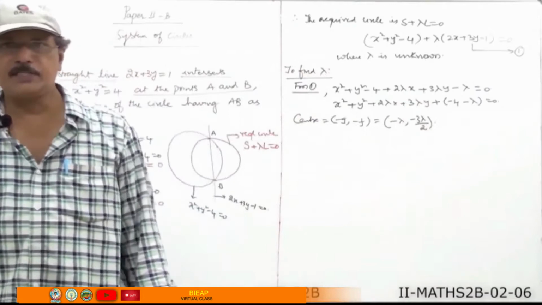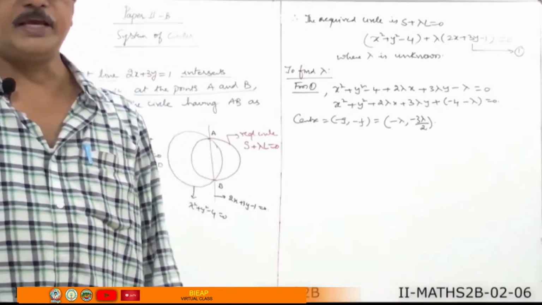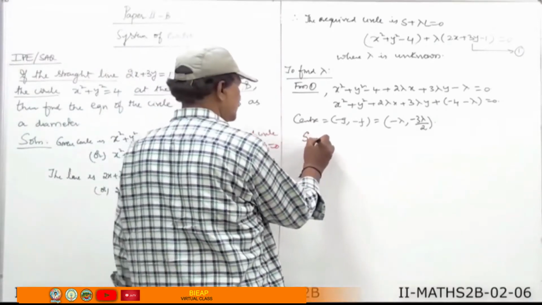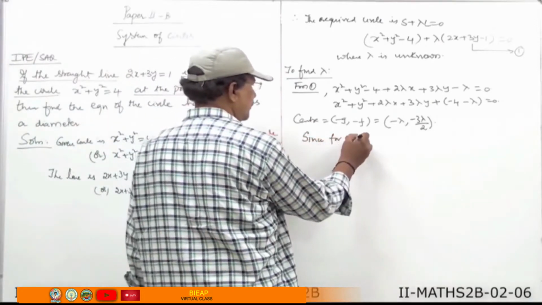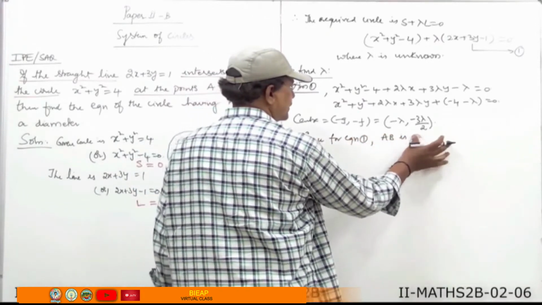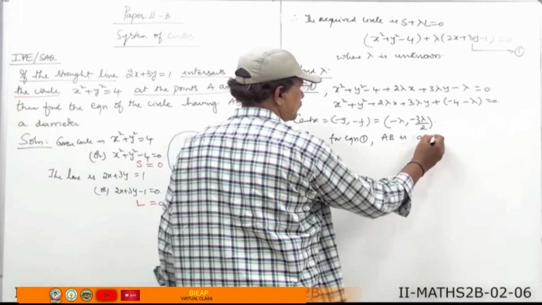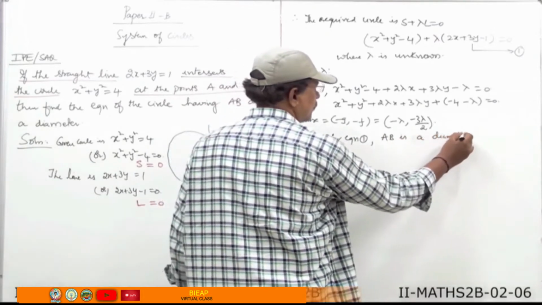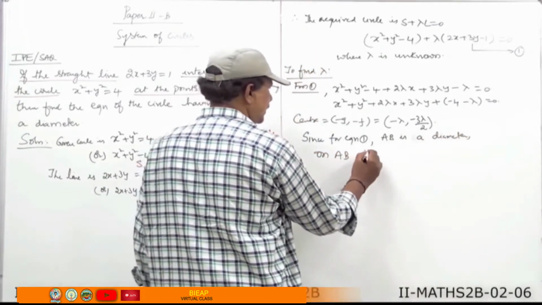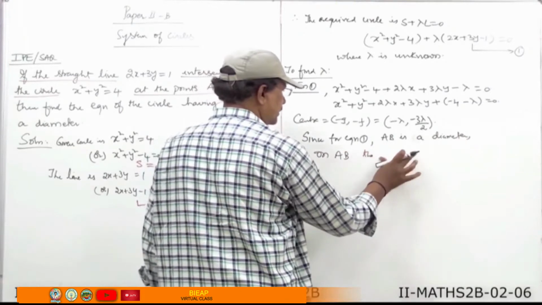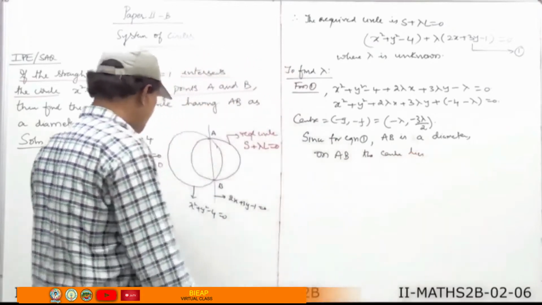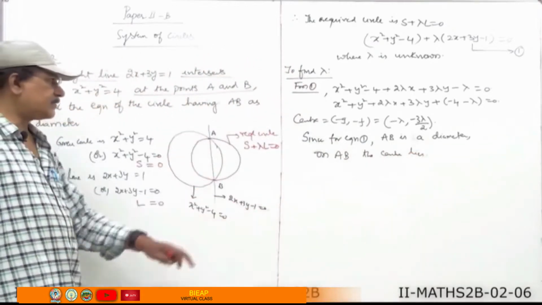But for the required circle, AB is the diameter. So since for equation 1, AB is the diameter, the center lies on AB. So AB means 2x plus 3y minus 1 equal to 0.